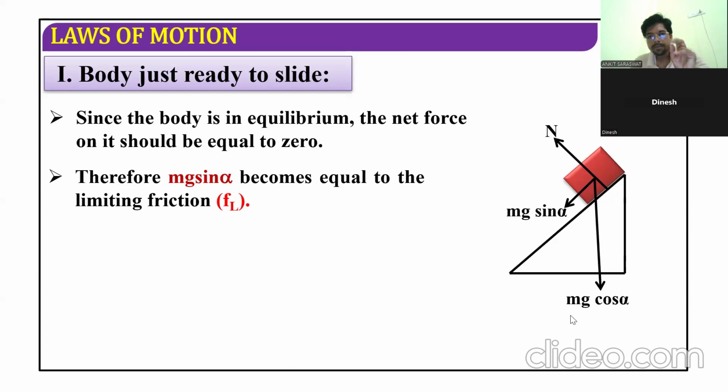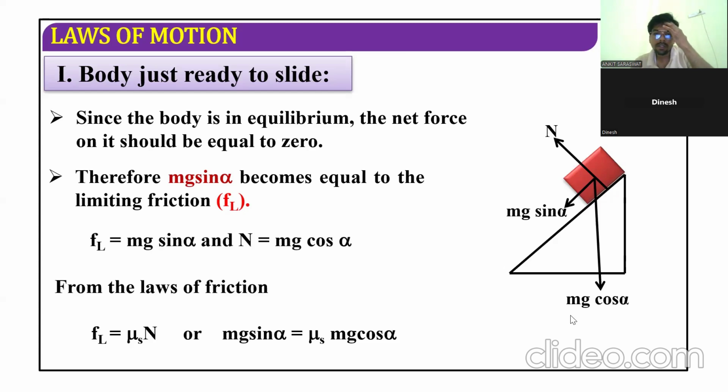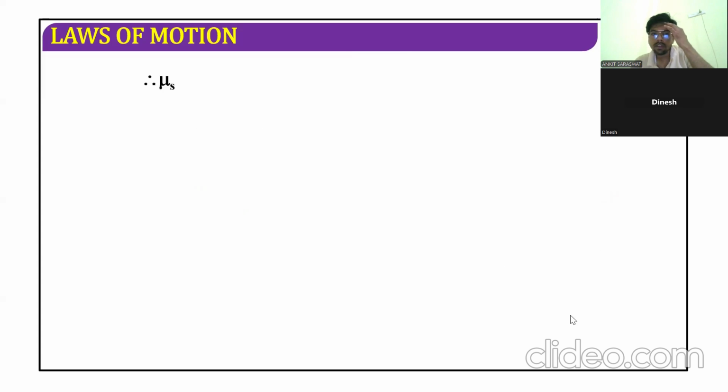The body does not move at the angle of repose. If you increase it a little bit more than that, it will move. mg sin alpha equals mu s mg cos alpha. Mu s equals tan alpha.